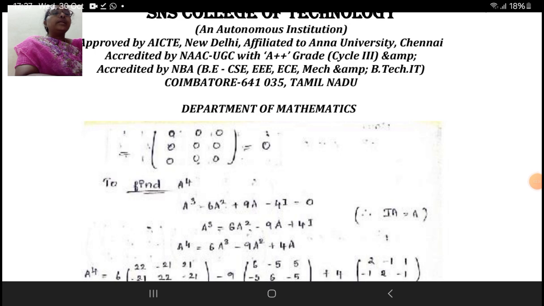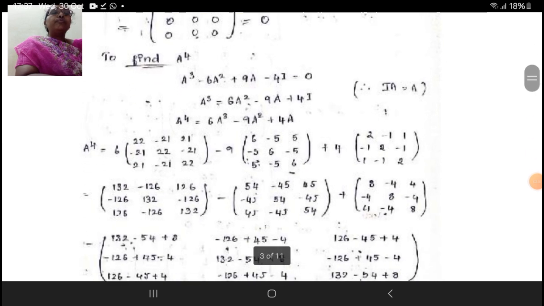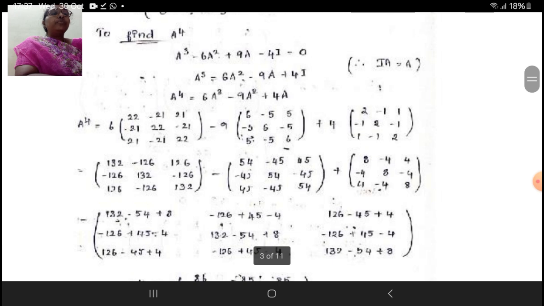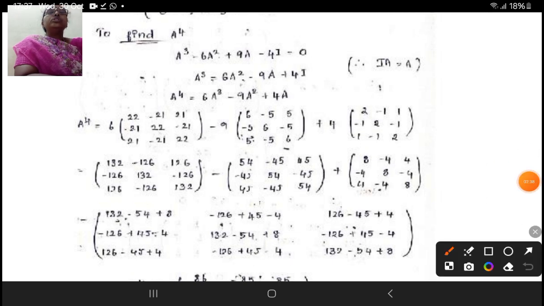Next step is to calculate A power 4. We want to derive it from the cubic equation. Take this cubic equation and keep A cube alone on the left hand side, with the remaining terms on the right side. So we get the A cube value. In this equation, multiply by A, and with one more power increased, you will get the A power 4 value.